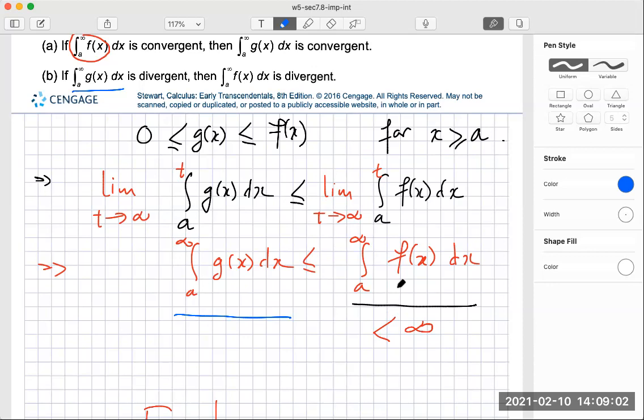It could go to infinity or it could converge. So be careful. It makes sense, right? Okay. Or similarly, if the right-hand side diverges, then we cannot say anything about the smaller guy, right? Okay.